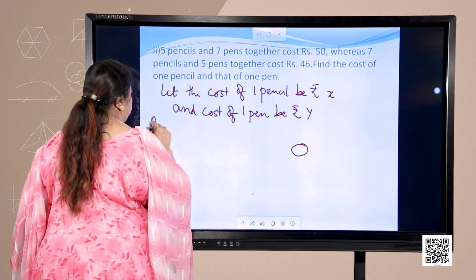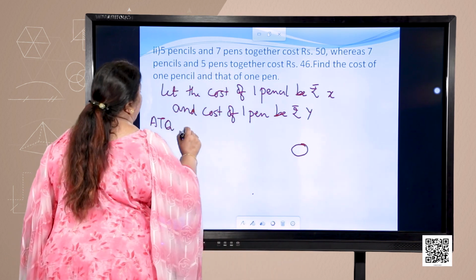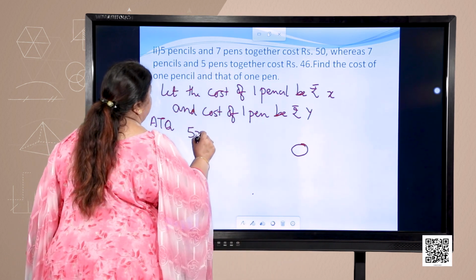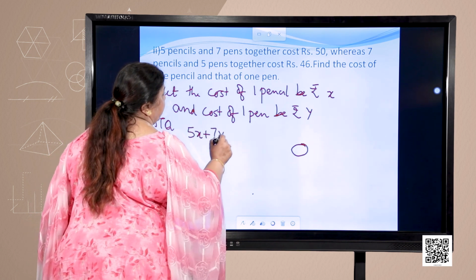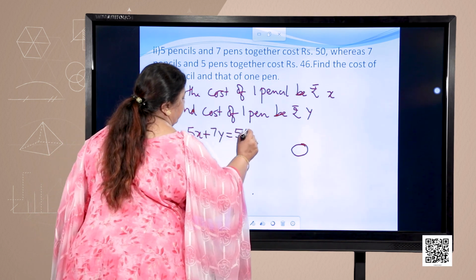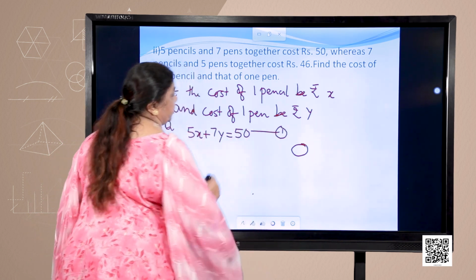So according to question, I get 5x plus 7y is equal to 50. This is our first equation.